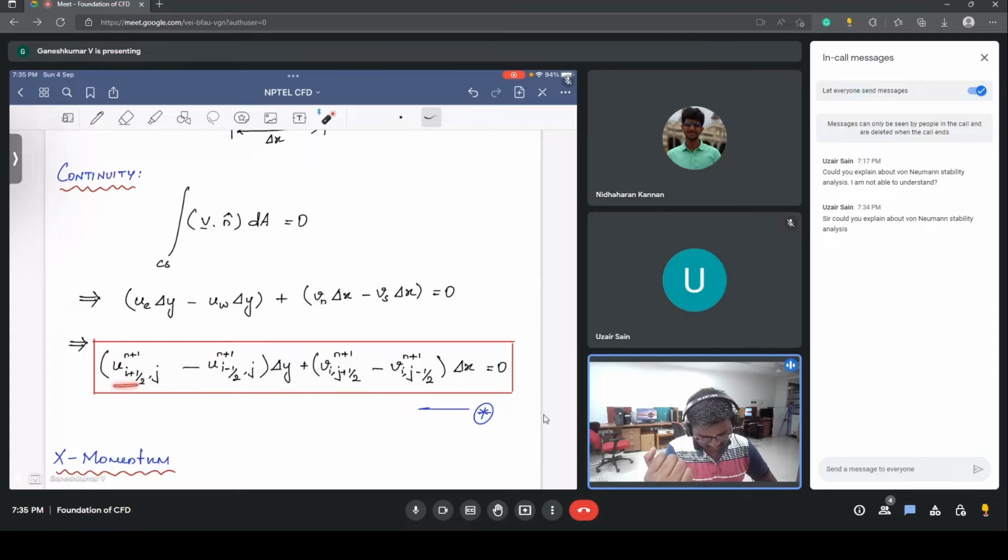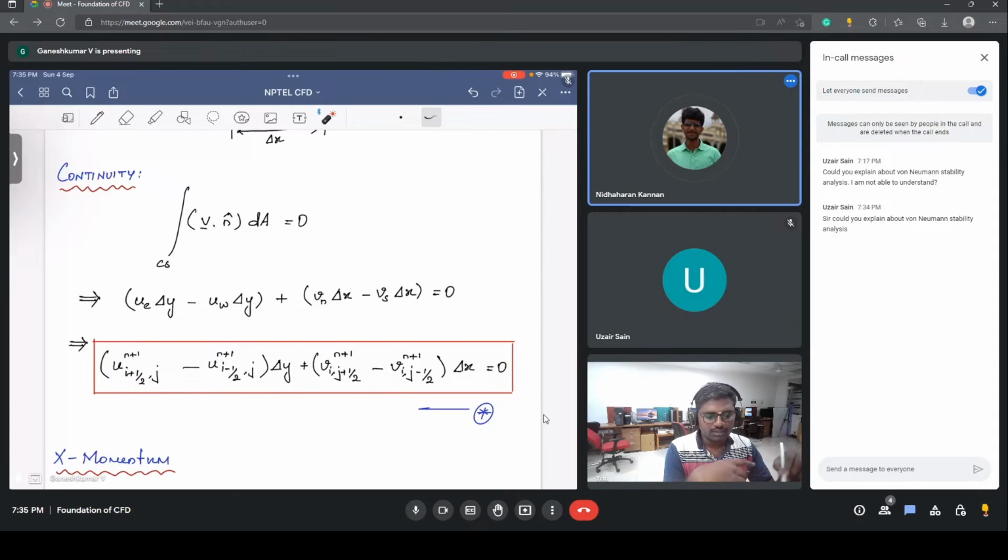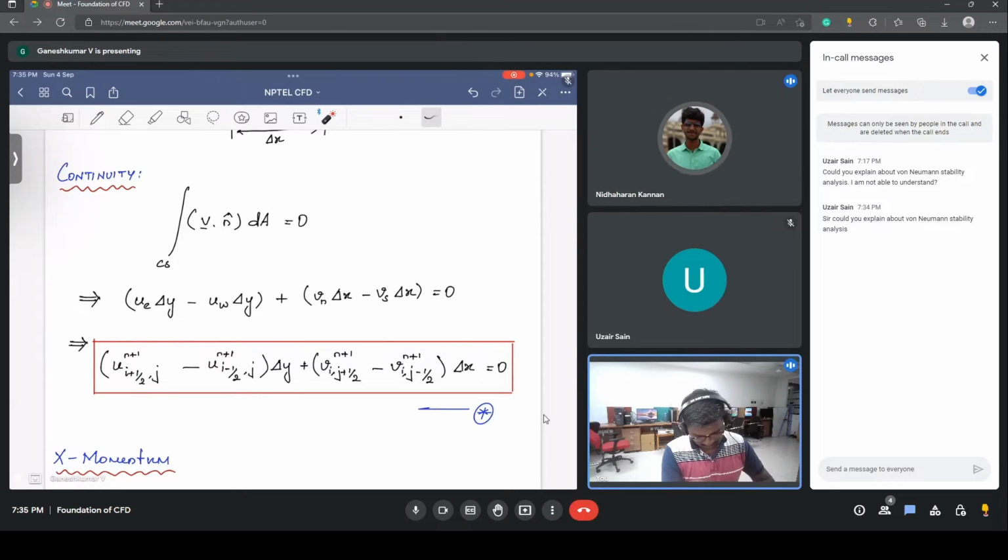So we have velocities for every time step, and at every time step the velocity should satisfy the continuity equation, right? So that's why we took the n plus 1 time step. Initially we start with an initial condition, which of course satisfies the continuity equation. Our aim is that for every next time step we compute, it should satisfy the continuity equation. That's why we wrote everything as n plus 1.